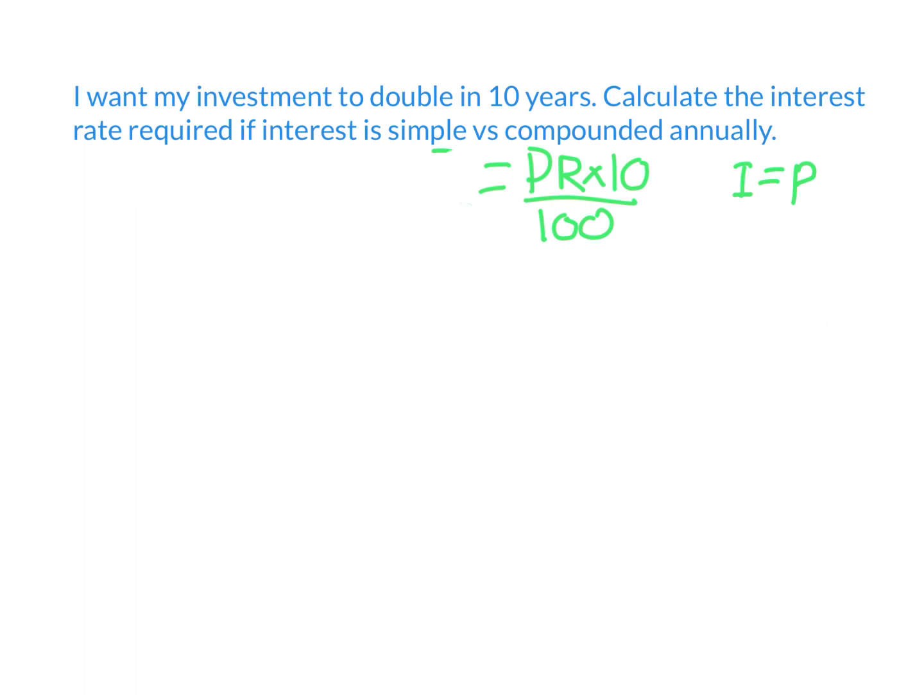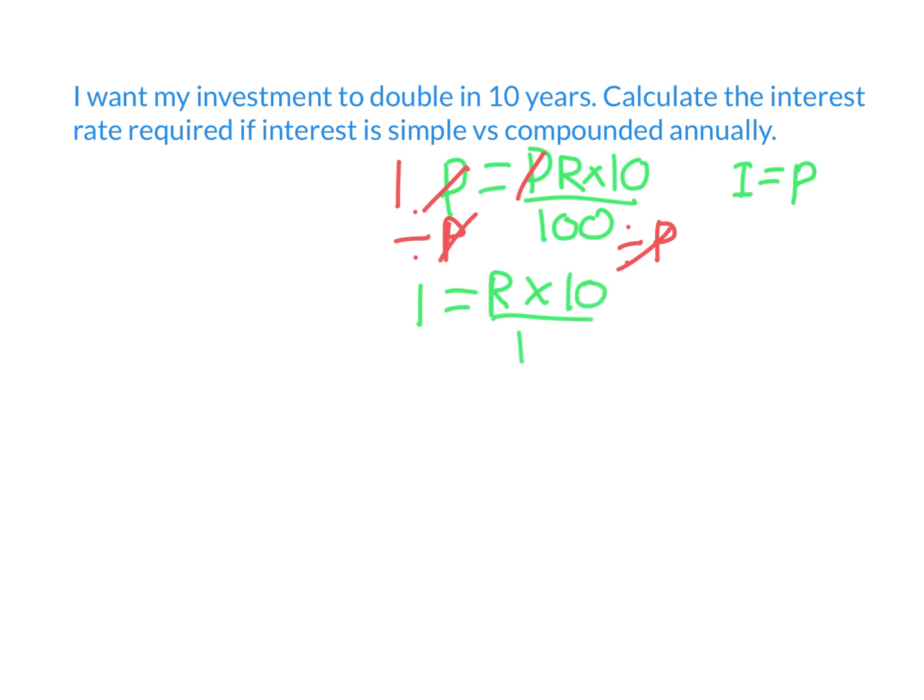So I'm going to rub out the I here and put a P there. So the idea is I can divide each side of this equation by P, and the P's disappear. P divided by P is 1. So what I end up with is 1 equals R times 10 over 100.